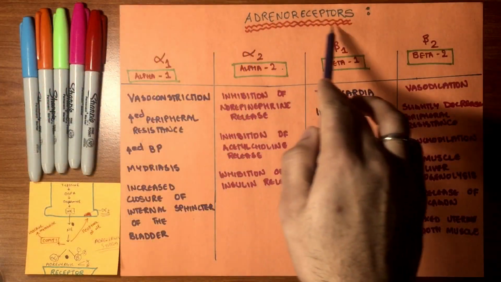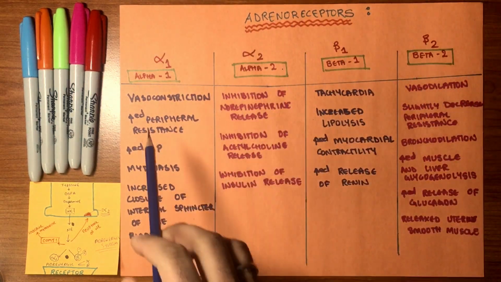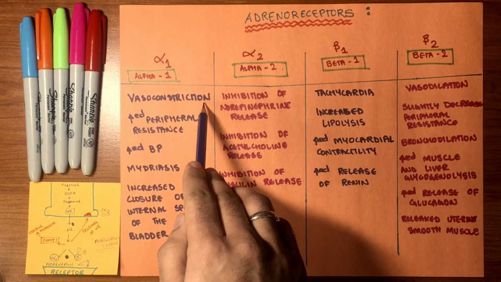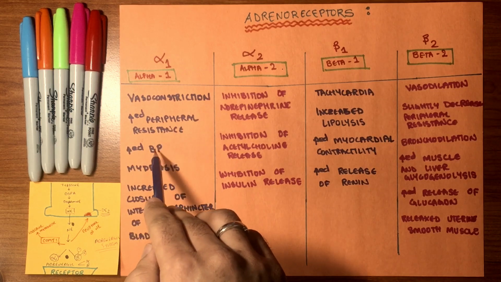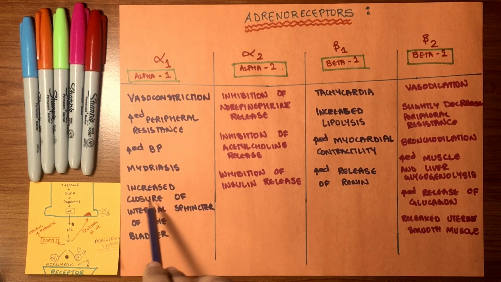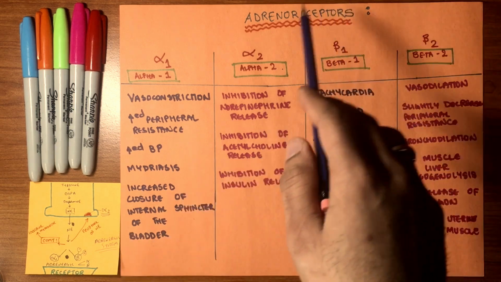Let's talk about adrenergic receptors. Alpha 1, alpha 2, beta 1, beta 2. Alpha 1 is responsible for vasoconstriction, increase in peripheral resistance, increase in blood pressure, causes mydriasis, and increases the closure of the internal sphincters of the bladder, so no urination.